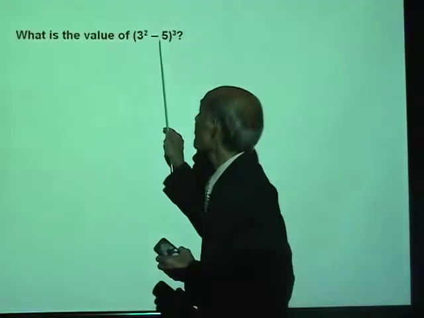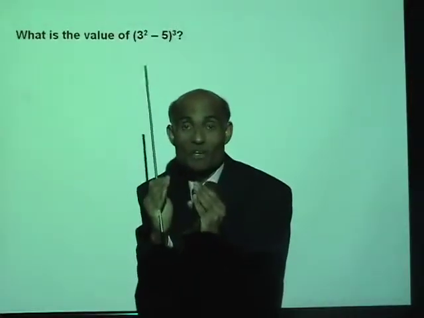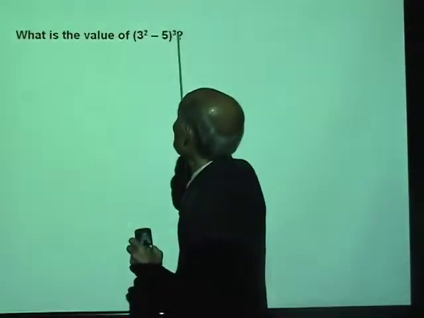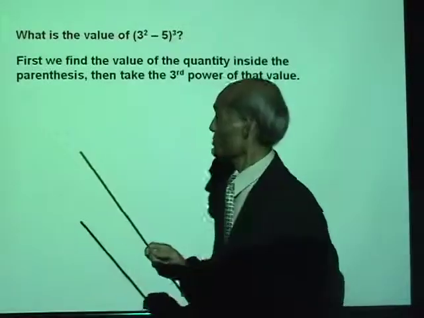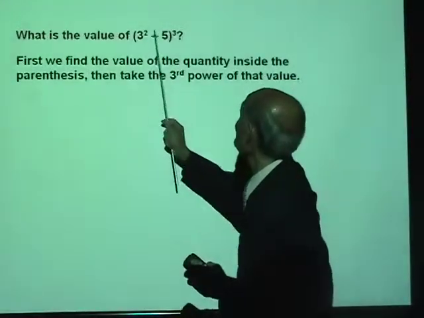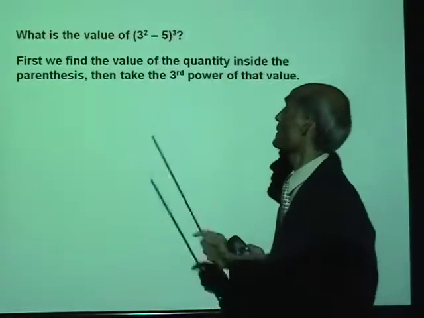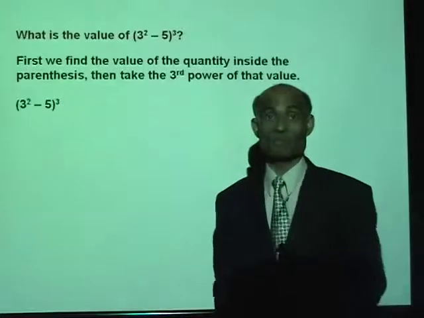And then you need to find the value of the quantity inside the parentheses. And only after that you can raise that value to the power 3. So, first we find the value of the quantity inside the parentheses, then take the third power of that value.